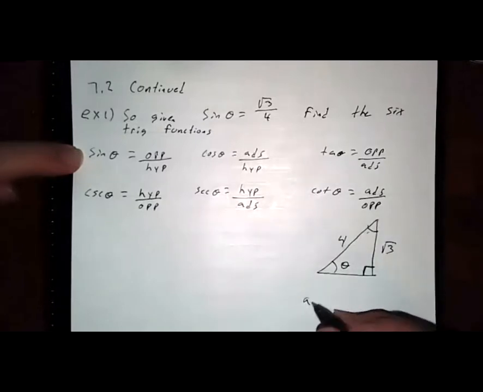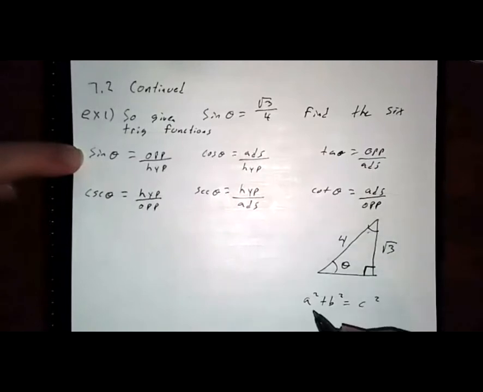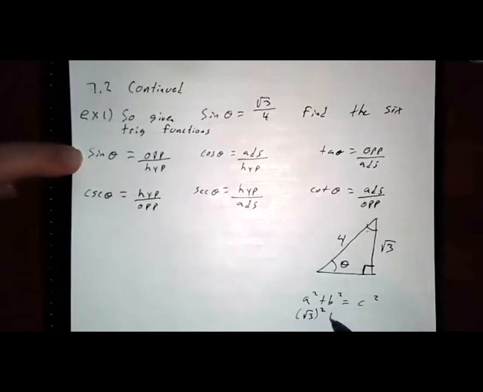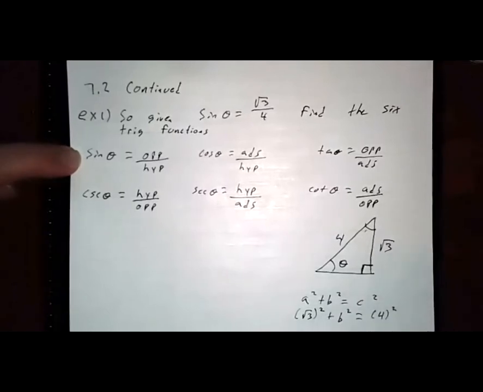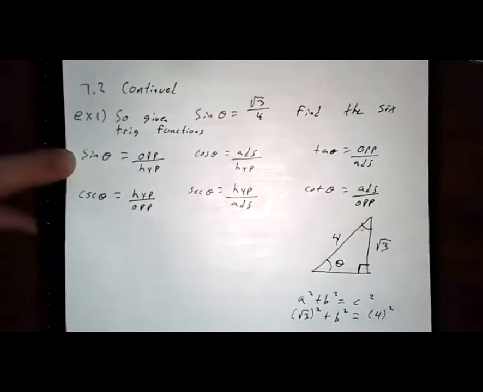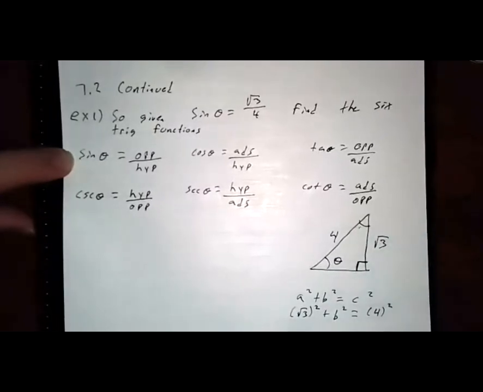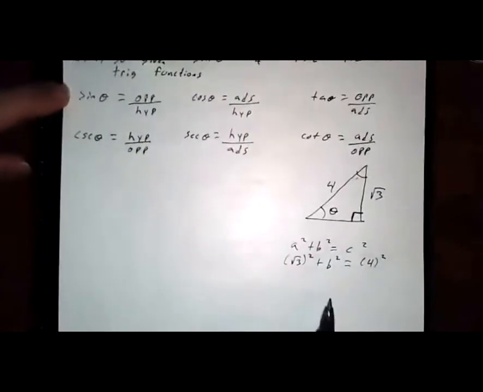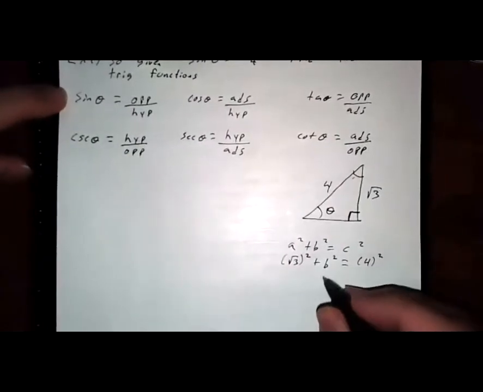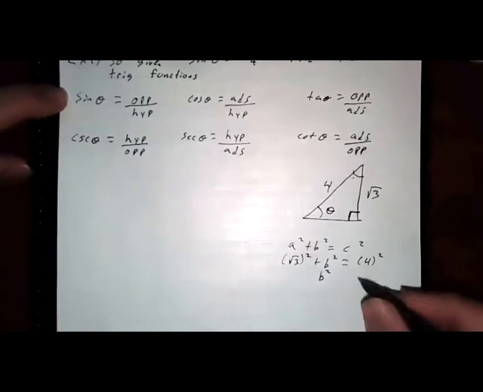So I know that a squared plus b squared equals c squared. We'll solve for b, I guess. We'll say that a is root 3, and I want to know what b is. C squared, sorry, right there, 4. So I'm going to subtract this over there, and then square root both sides to solve for b. I'm skipping a minor step here.